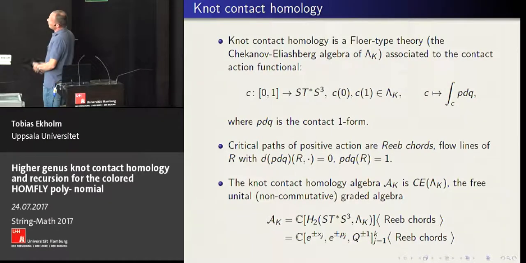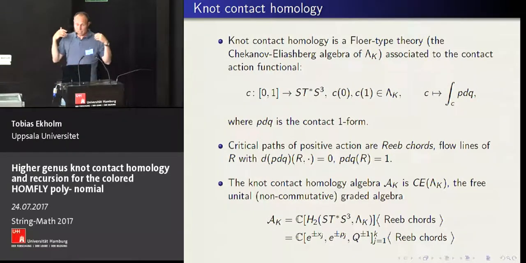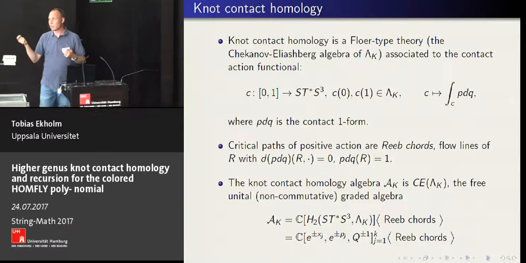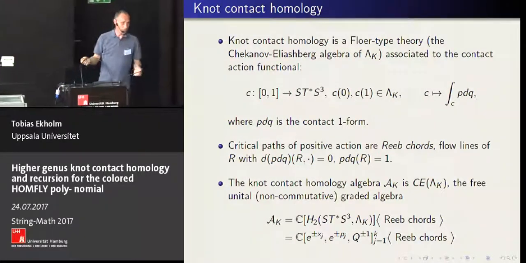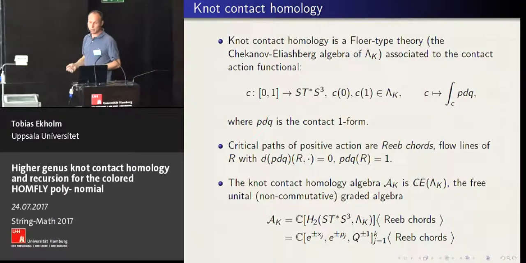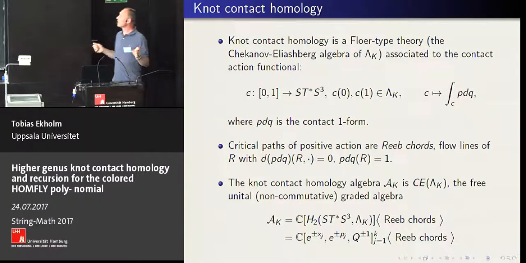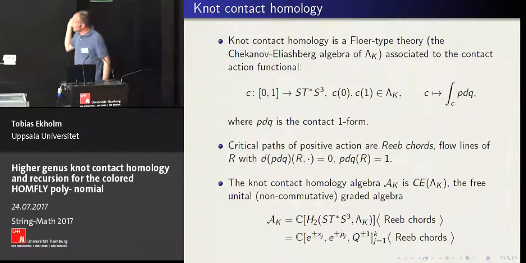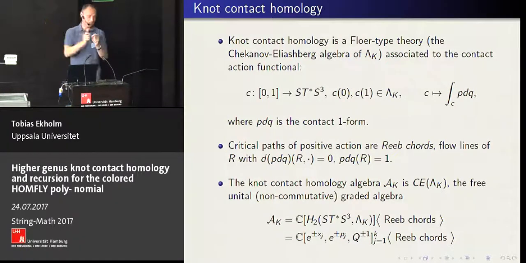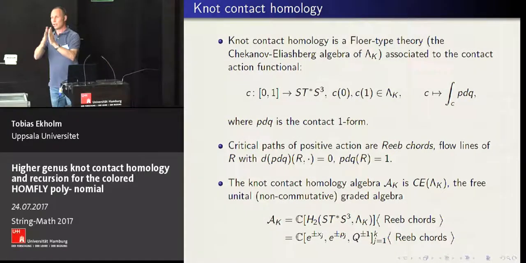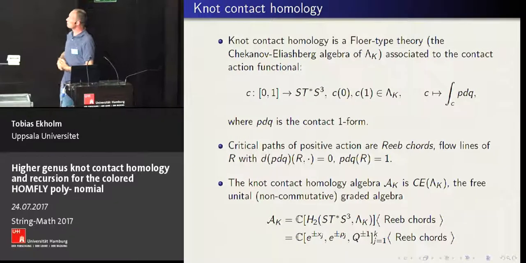Okay, so now the knot contact homology algebra is not quite as in Floer theory, the chain complex generated by critical points. It needs to be a little bit more complicated, and I'll explain why in a second. So rather than that, we need to use as chain complex an algebra generated by these Reeb chords. So we cannot somehow take single Reeb chords, but we need to take all possible words of Reeb chords.